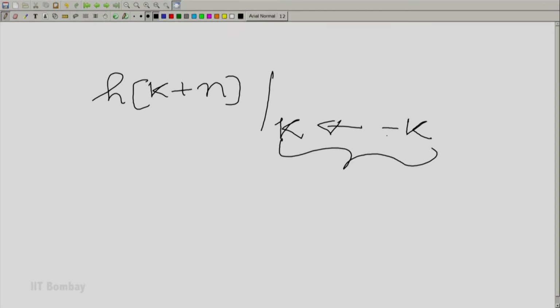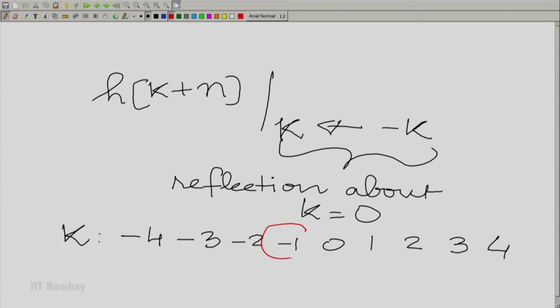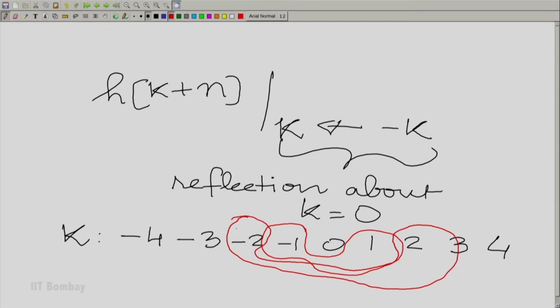Now, k replaced by minus k is essentially reflection about k equal to 0. So, essentially what we are doing is, you have this index of k here, let us write down a few points there, and you make exchanges here. You exchange -1 and 1. You exchange -2 and 2.